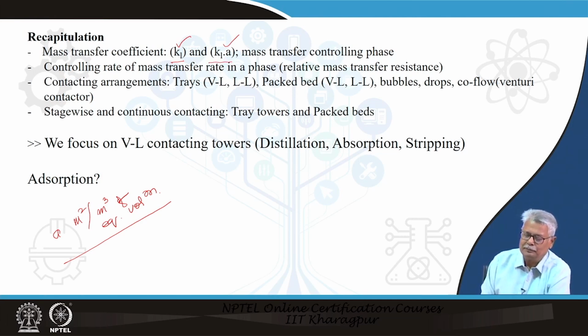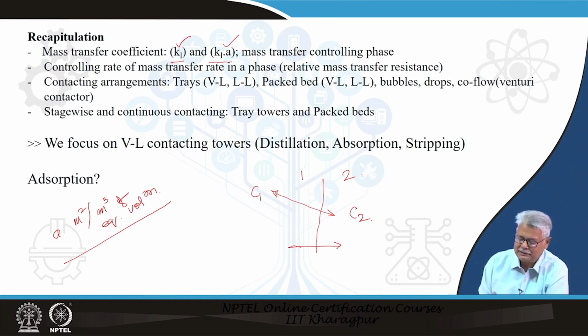We also have to have an idea of the controlling mass transfer rate, and we are talking about phase 1 to phase 2 mass transfer. The mass transfer takes place from the left to the right. If I have a concentration of a component C1 and it is C2 here, the driving force is the concentration difference between these two. In fact, that is not exactly the one.